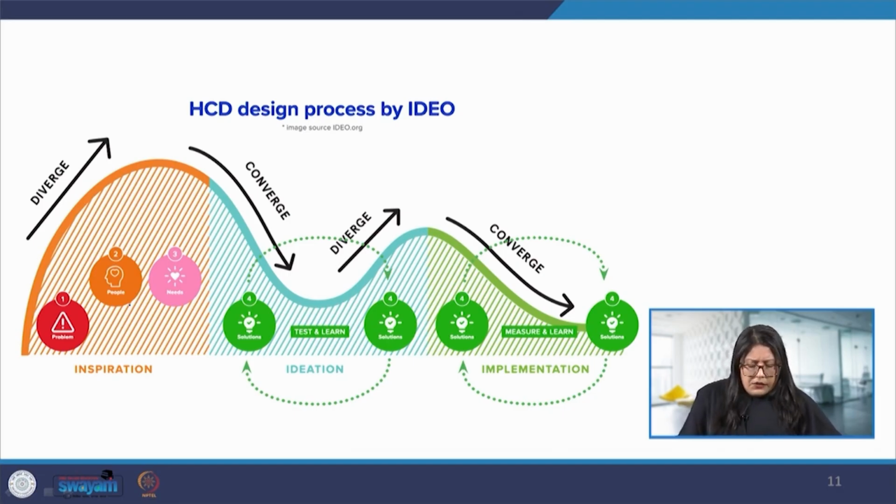And then finally, we are converging. So, we can see how the graph is moving. We are converging to a final output, but before we implement it, it is being measured, to see what the output is and whether there are any more gaps that need to be incorporated, so that learning is applied, and then again it moves into the measured stage, and finally it is delivered.